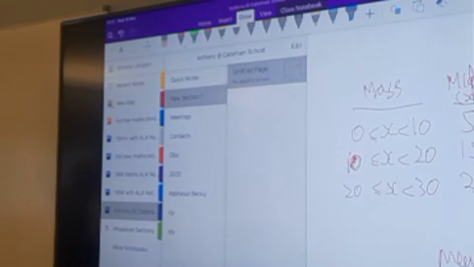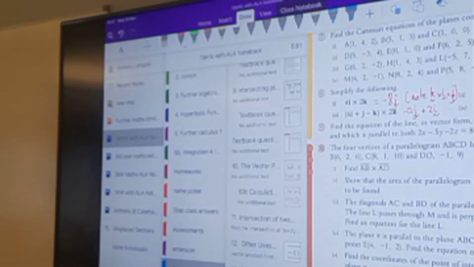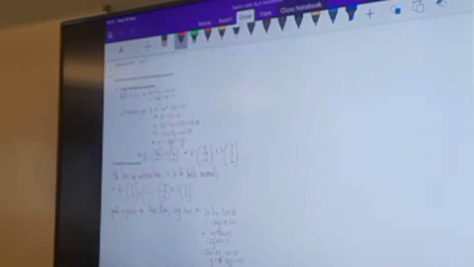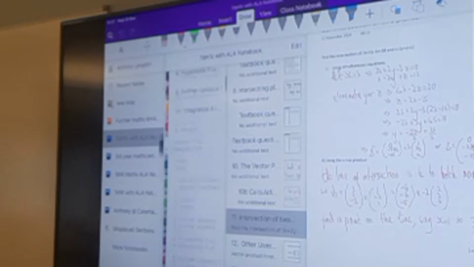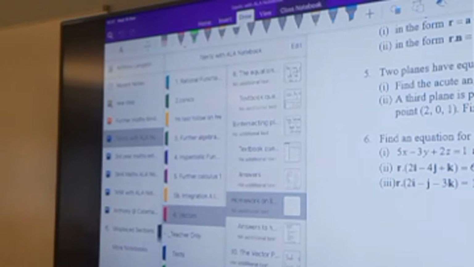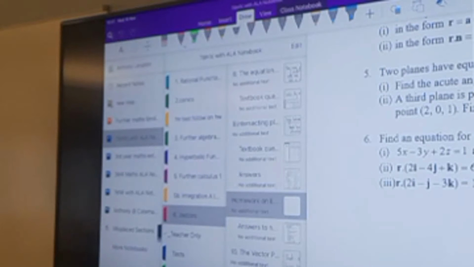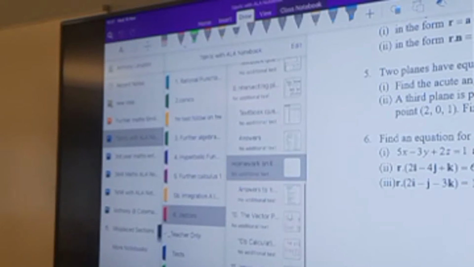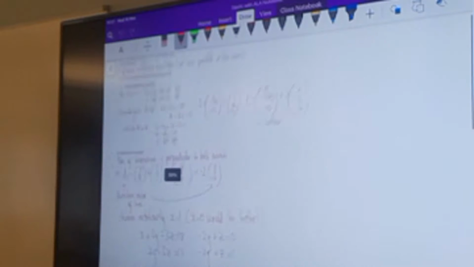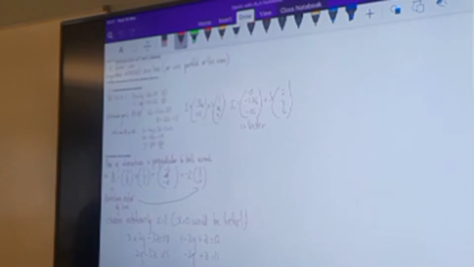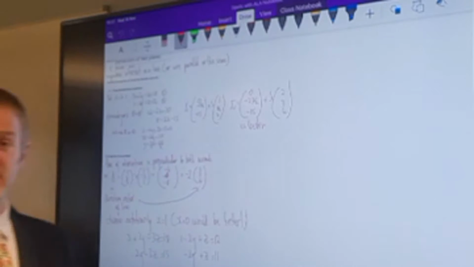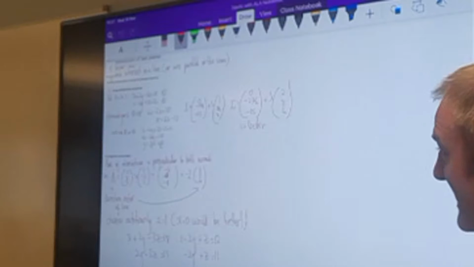So if you managed to get to grips with the work we did on vectors, where we left it with the last thing I taught you was finding the intersection of two planes. One method used simultaneous equations, which was fairly intuitive but a bit fiddly.